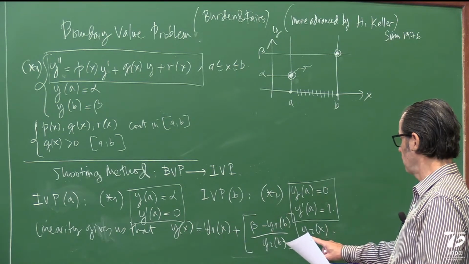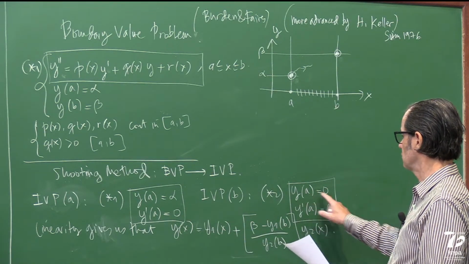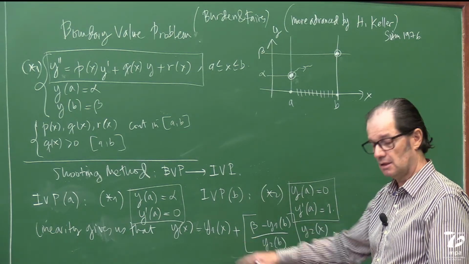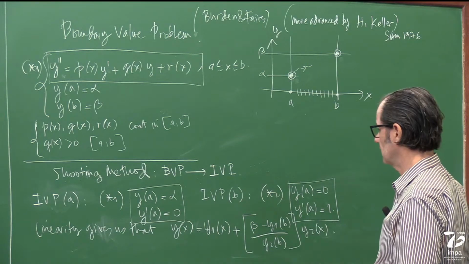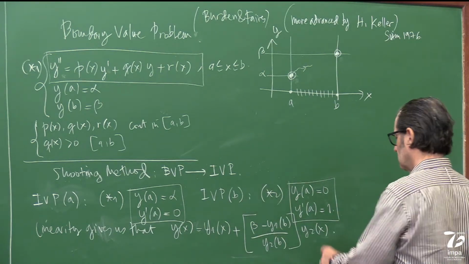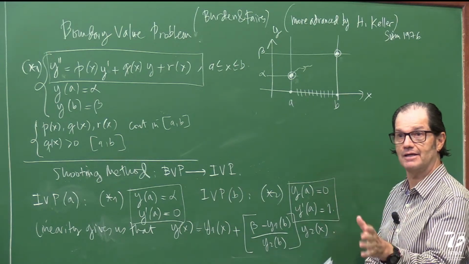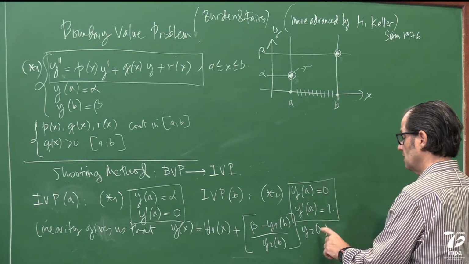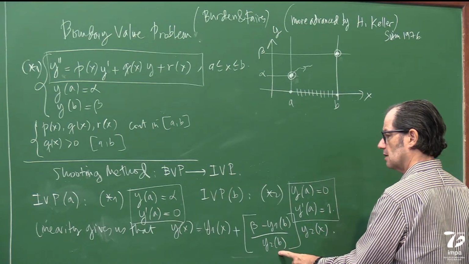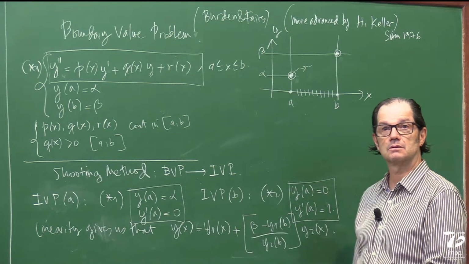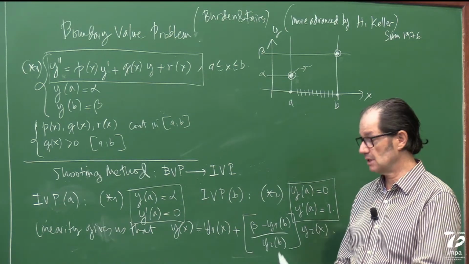This is y2 of a, and y2 of a is 0. And if x is equal to b, this guy cancels this guy, and it's beta. So it satisfies the boundary conditions.